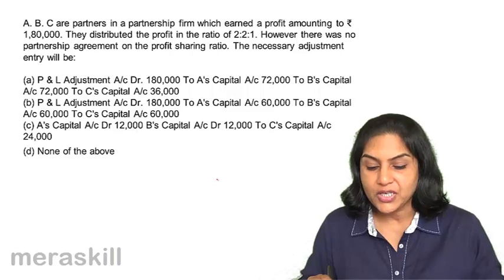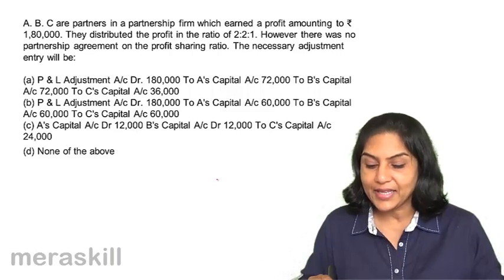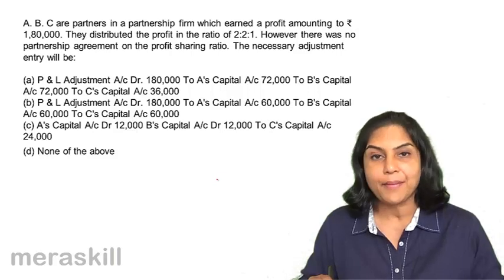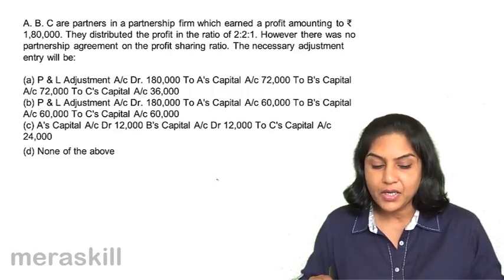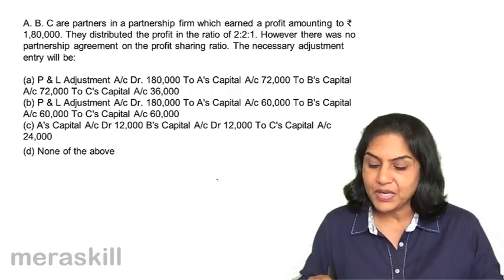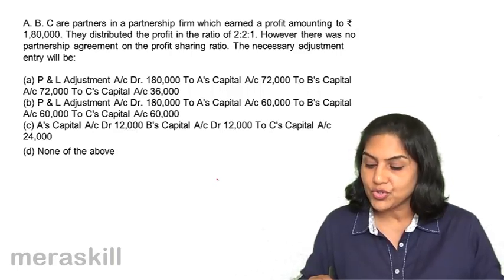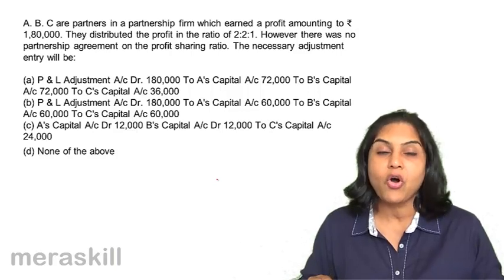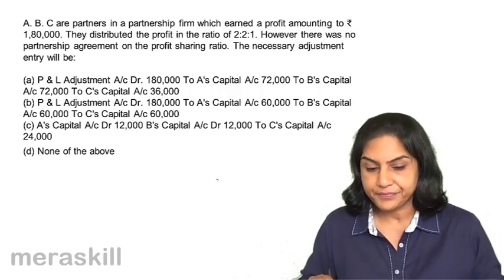Or B, profit and loss adjustment account debit 1,80,000 to A's capital 60,000, to B's capital 60,000, to C's capital 60,000. C, A's capital account debit 12,000, B's capital account debit 12,000 to C's capital account 24,000, or D, none of the above.